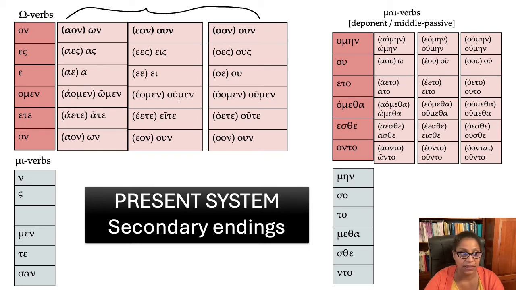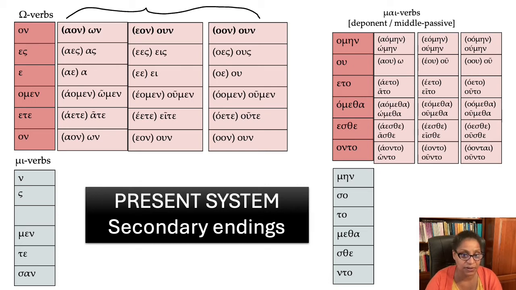So in the mi-verbs, the endings are nu, sigma, nothing, so nothing for the stem, men, te, san. So one way of thinking about the difference between the omega and the mi-verbs here in the imperfect, or think about in general, is that the omega verbs like to protect the stem from the outside world, whether that's the endings or just exposure to the outside world, right?